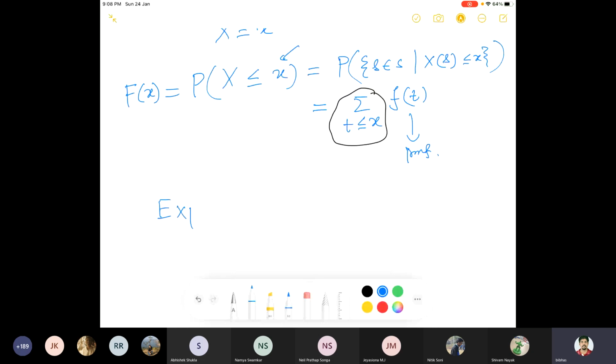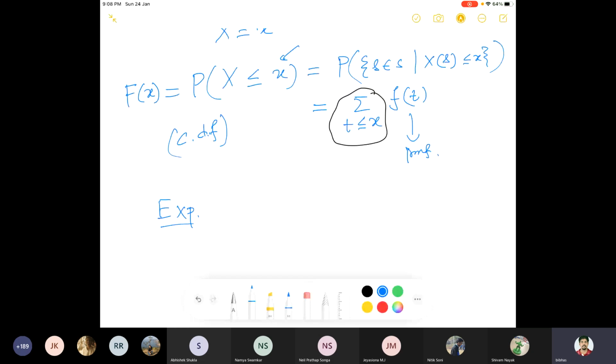For example, let us calculate the cumulative, or as it is sometimes called, the CDF, cumulative distribution function. Instead of PMF, it is called CDF. The idea is very simple.